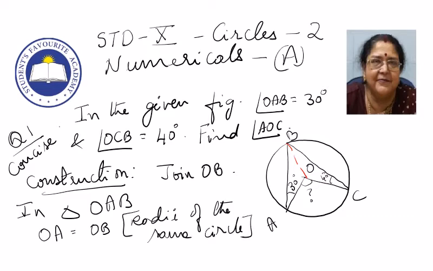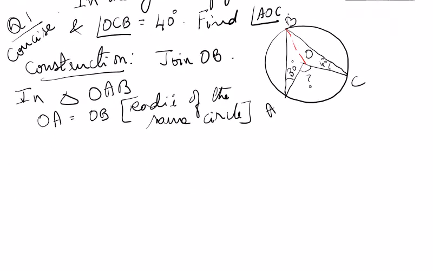Right? So now what type of a triangle is OAB? OAB is an isosceles triangle. So angles opposite to equal sides are equal. So this implies angle OAB and angle OBA each is 30 degrees. Okay, because angles opposite to equal sides are equal in an isosceles triangle.